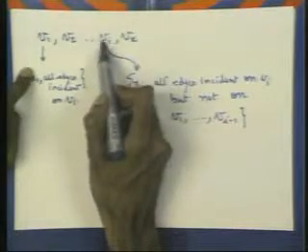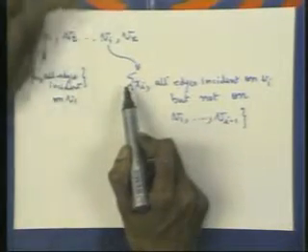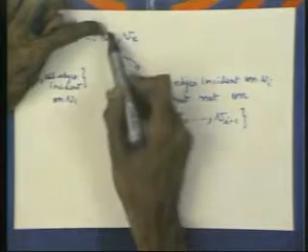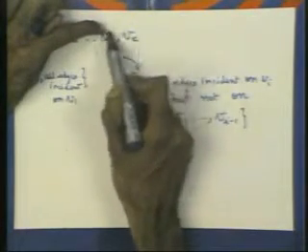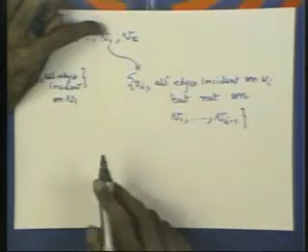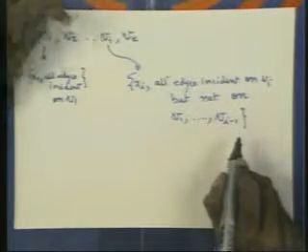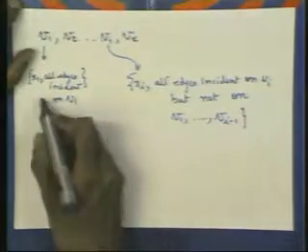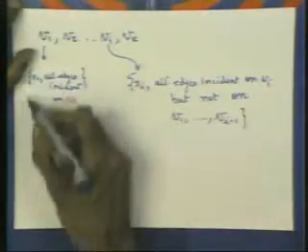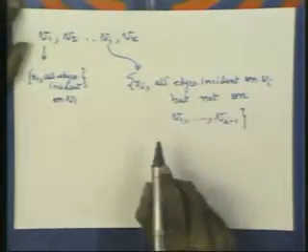Supposing it is Vi, then the other endpoint is either one of Vi plus 1 through Vk or something else completely different. In either case, that edge will be part of this set. So every edge is covered by this collection, so every element of S is covered by this collection.